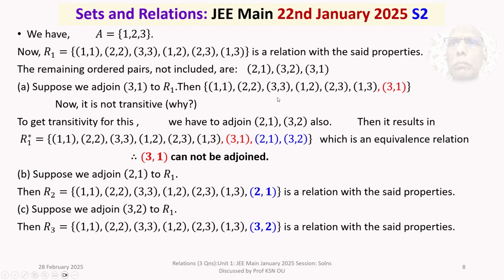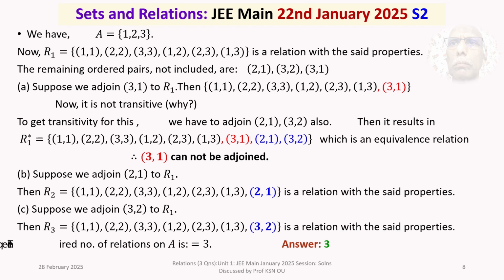These are the only three possibilities. And thus we get three relations with the property as reflexive, transitive, but not symmetric. So the required number of relations on A is 3.